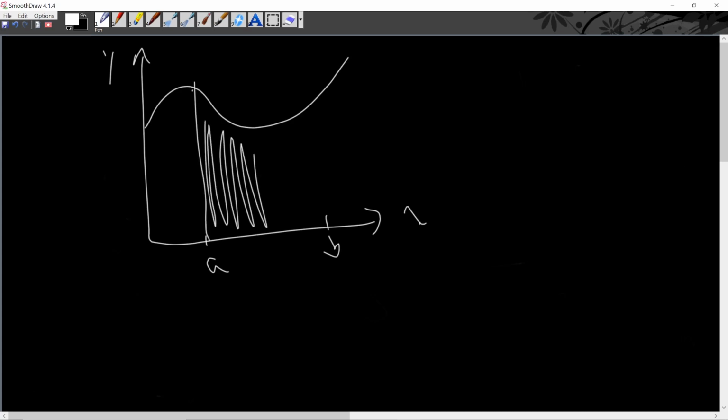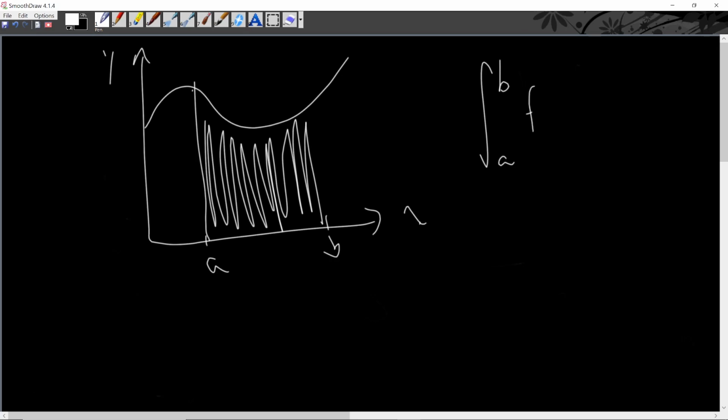We originally defined the definite integral as the area under the curve. And the reason that we can solve for definite integrals is somewhat interesting. So let's write down the integral from a to b of f of x dx.